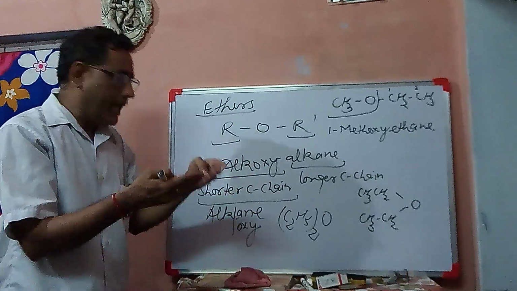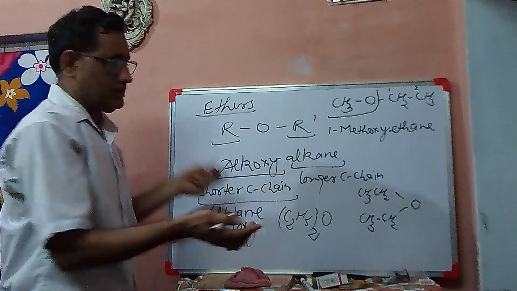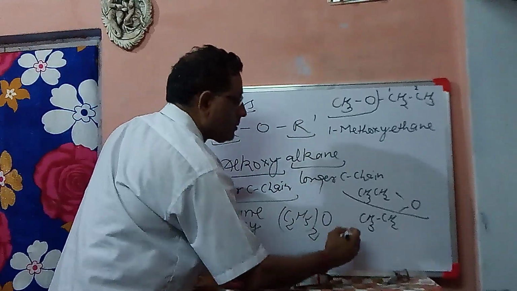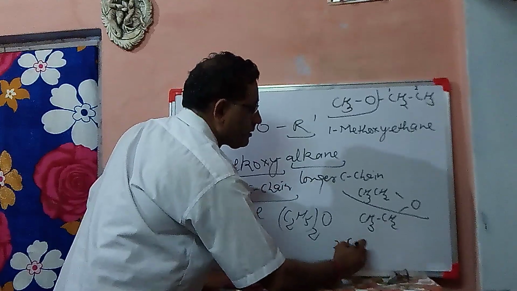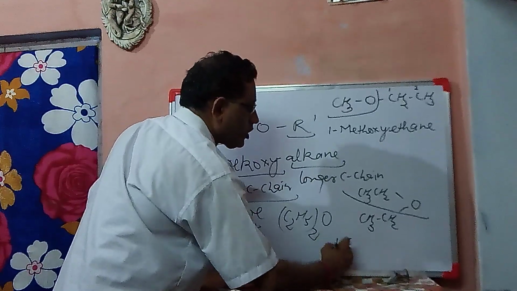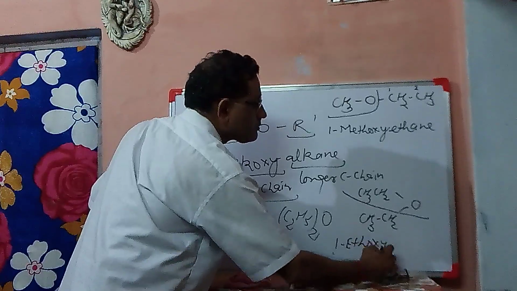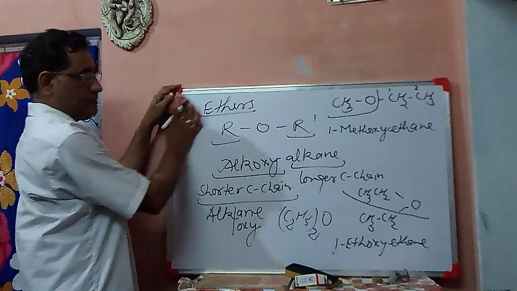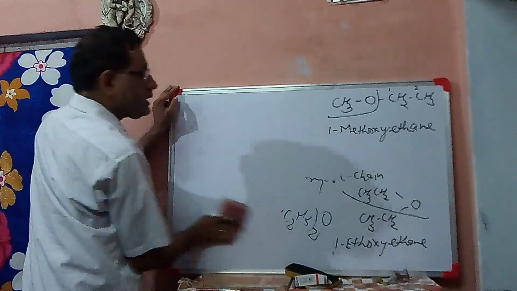You can take any one as an alkoxy. Suppose it is taken as alkoxy, the two carbon atoms, it will be ethoxy, so the name will be ethoxyethane. Clear?